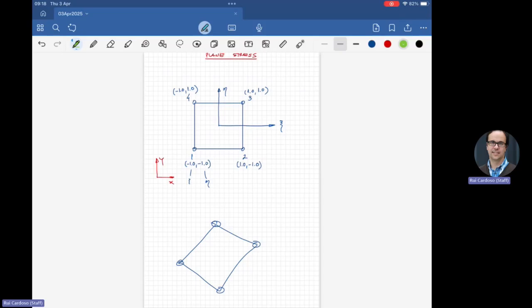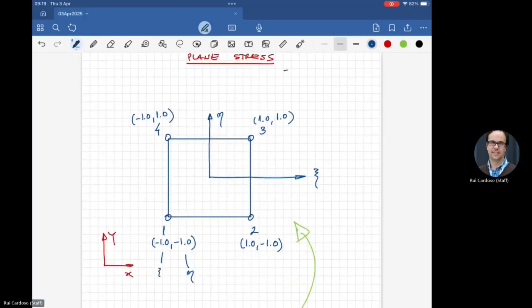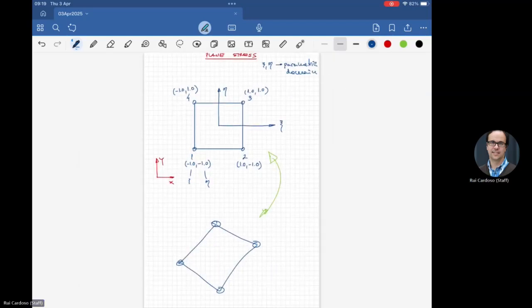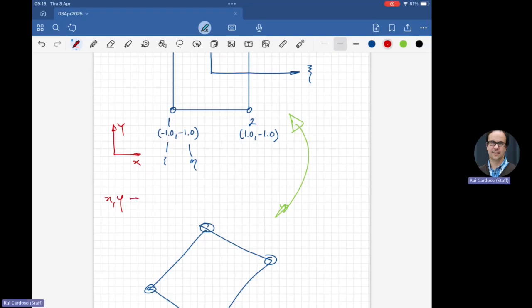So basically what we have to do is a mapping from this, which we call the parametric domain, to the physical domain.